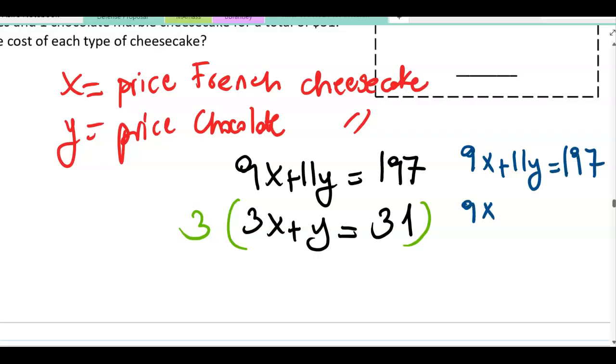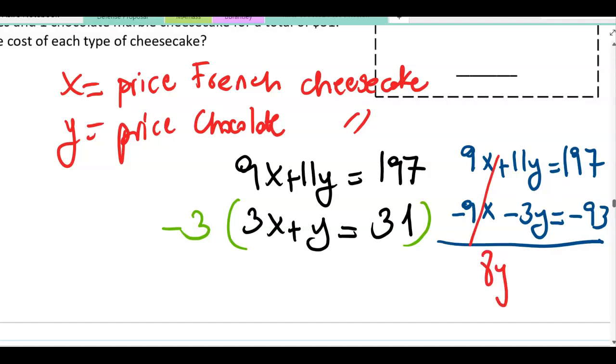So 9x plus 11y is equal to 197. Let's multiply the other equation by negative 3, so that will be negative 9x minus 3y equals negative 93. Okay, and then we will have 8y equals 197 minus 93, that's 104.